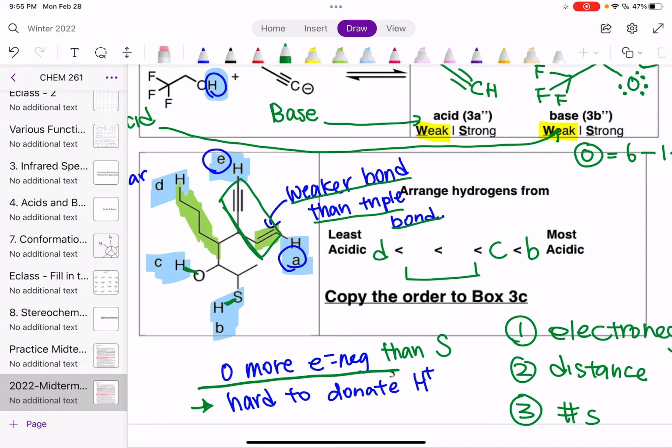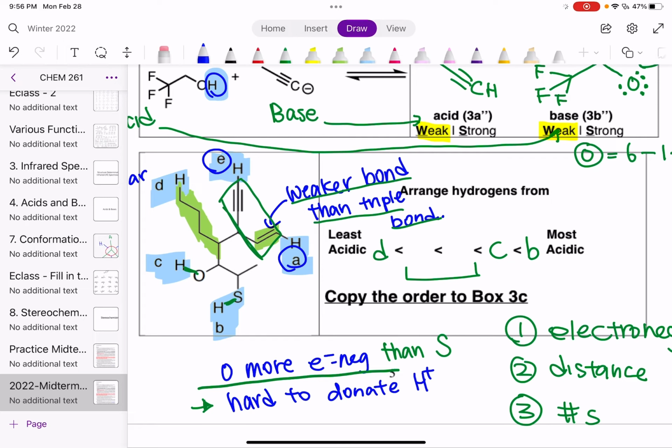You can imagine 2 people pulling a rope versus 3 people pulling it. 3 people is stronger than 2 people, right? Normally. So if a double bond is weaker, that means it's easier for it to donate the proton.